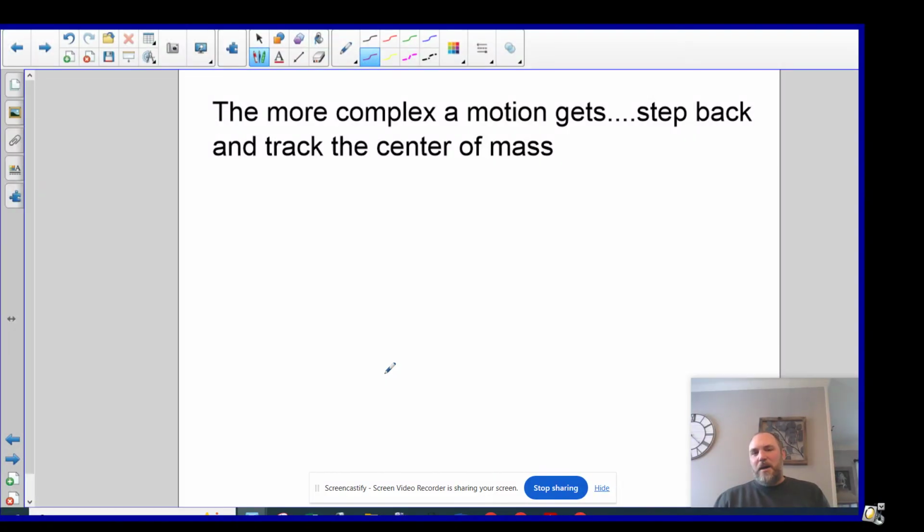All right. The reason we want to identify the center of mass is really because I know what College Board is going to do. They are going to give you some really complex motion. They are going to try to describe this wild motion that just sounds impossible. For example, just an asteroid floating through space.